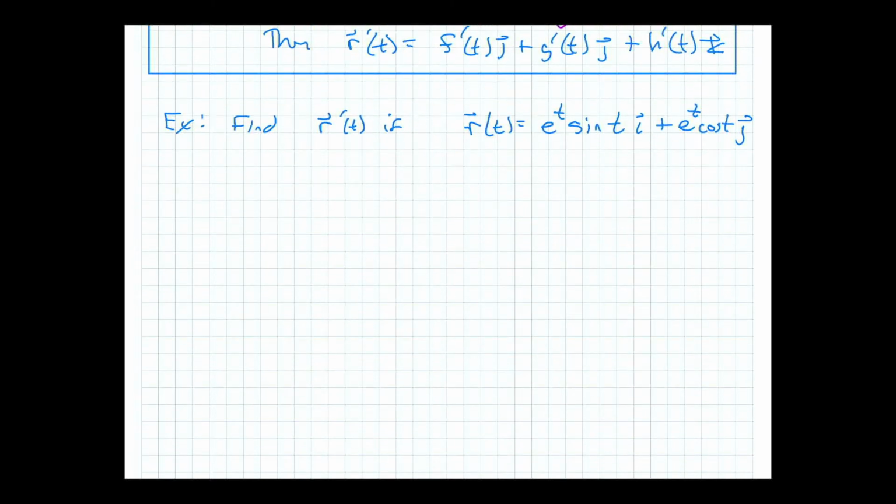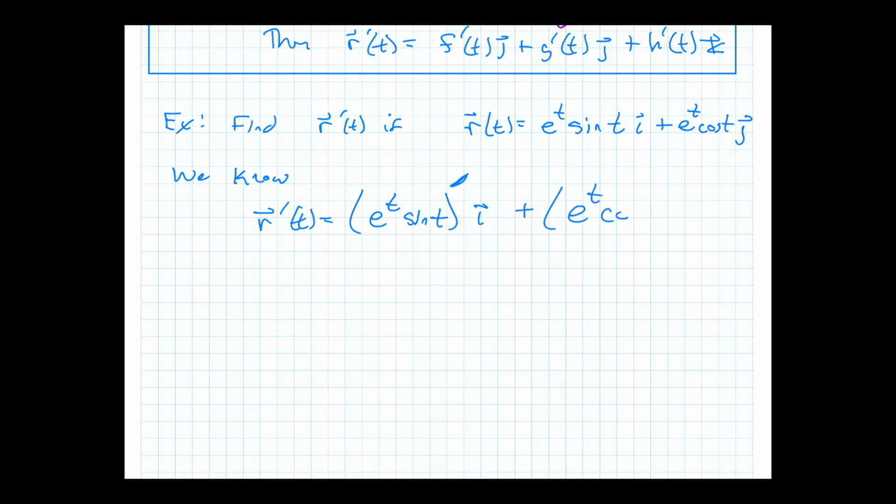If you were going to do this, we know you just do it term by term. So r prime of t is going to be the derivative of this component, plus the derivative of this component.